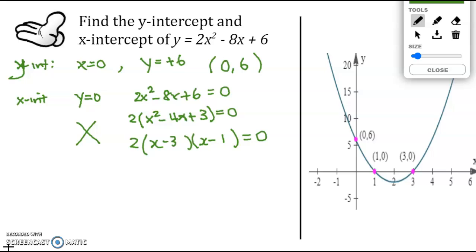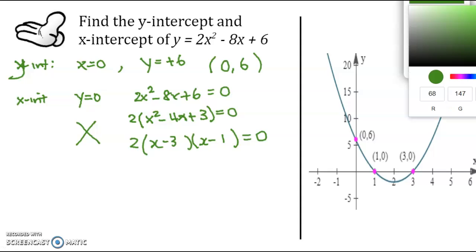So this tells me, well, you know that 2 obviously is not 0, but that means either the first factor or the second factor has to be equal to 0. So the first factor is x minus 3 is equal to 0. That means add 3 to both sides, you get x is equal to 3.